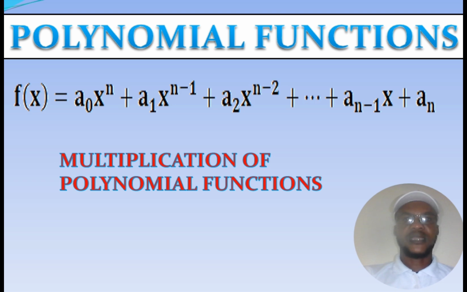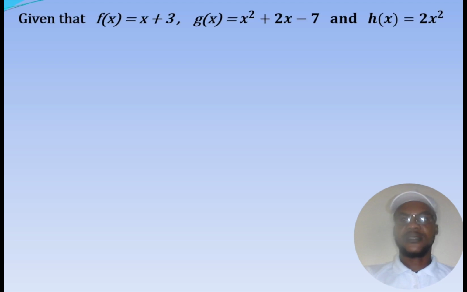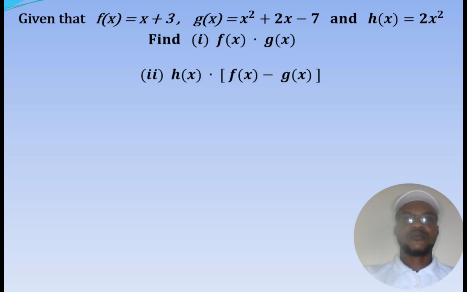Alright, great. In our first example, we have f of x is equal to x plus 3. g of x is equal to x squared plus 2x minus 7, and h of x is 2x squared. We are supposed to find the product of f of x and g of x.